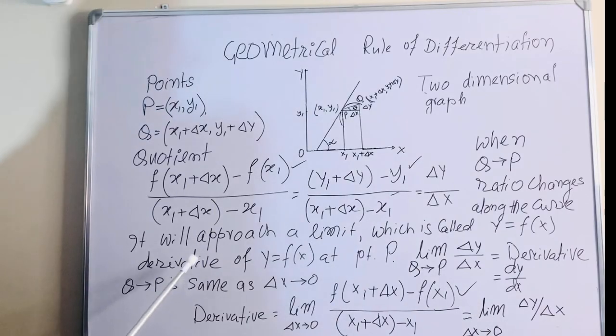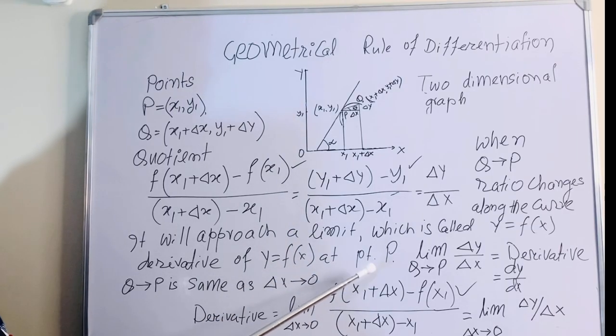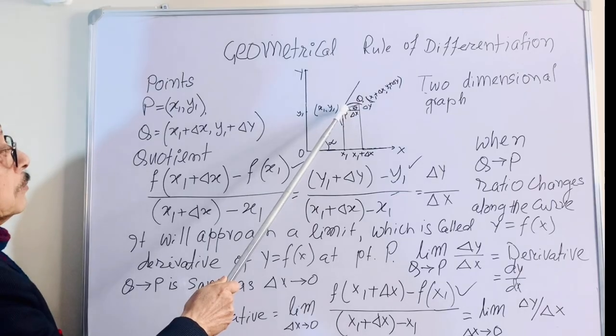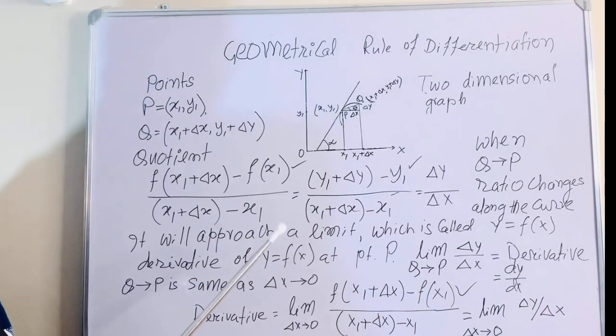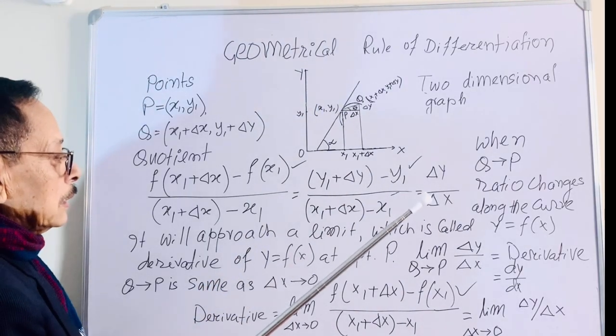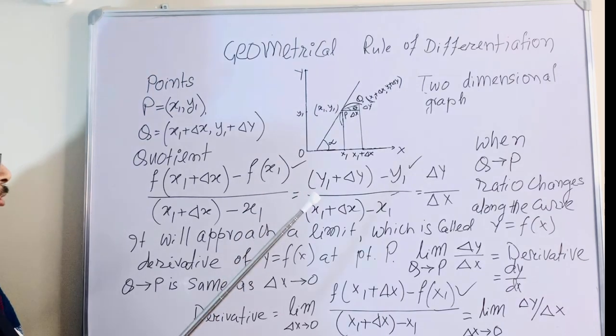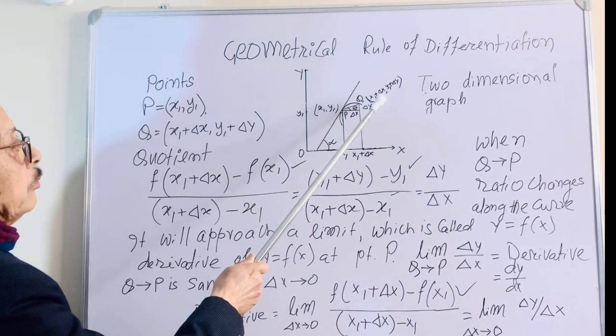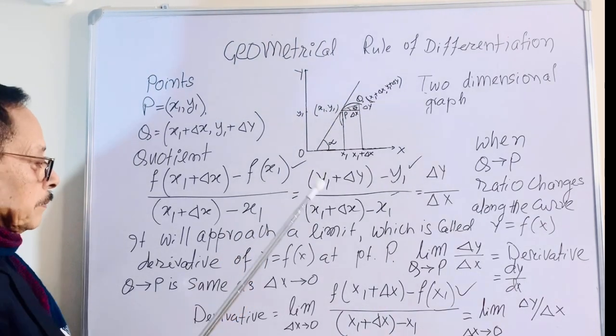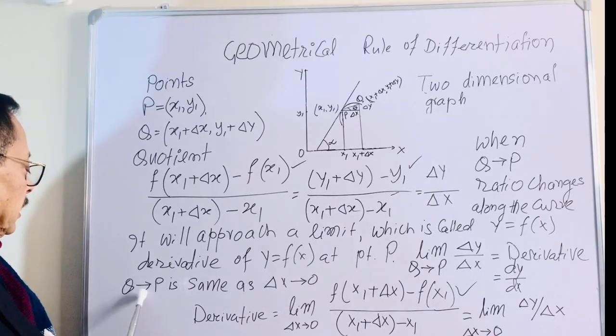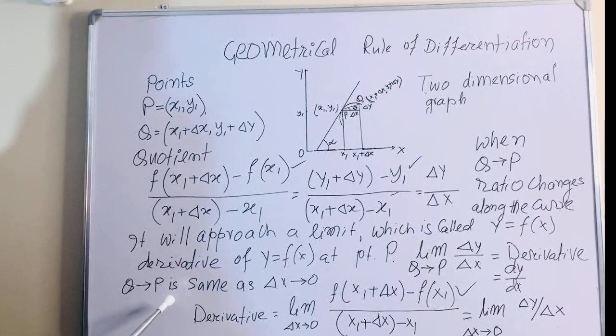Now it will approach a limit which is called the derivative of the function y is equal to f(x) at point P. When Q approaches towards P, it is the same as delta x tends to 0.